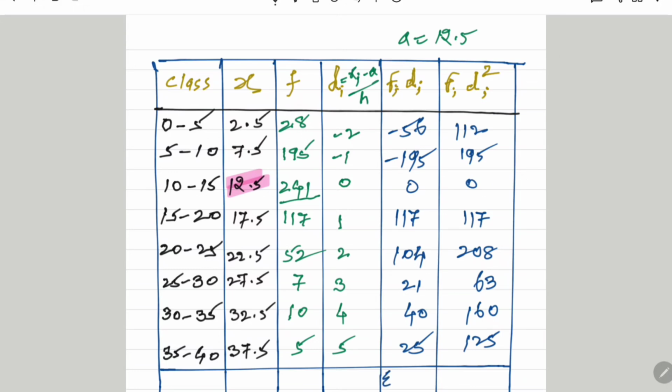Then summation of fi di, summation of fi di square, and sum of fi. If we take the addition of all these frequencies, 28 plus 195 plus 241 plus 117 plus 52 plus 7 plus 10 plus 5, that sum is coming as 655. Check it by calculator.